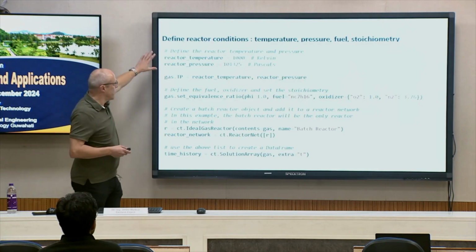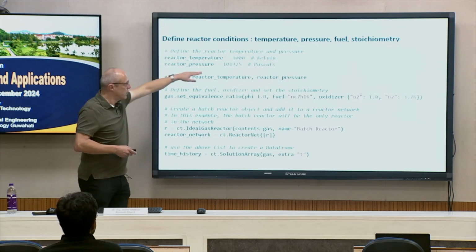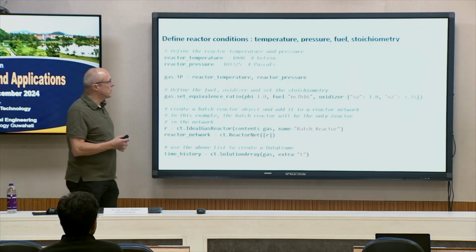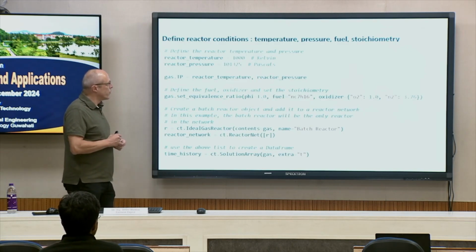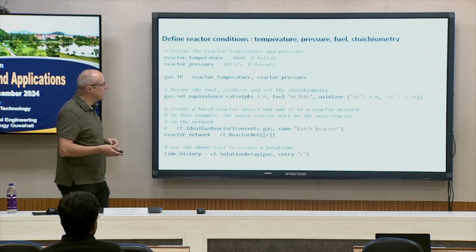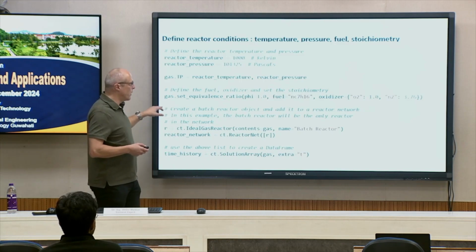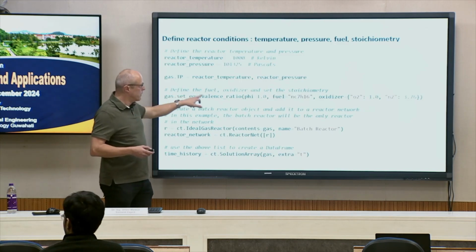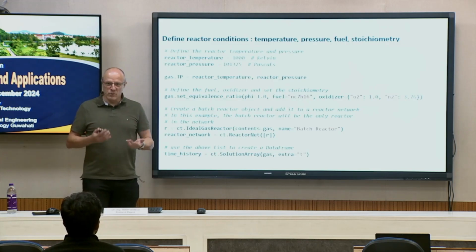So here we say reactor temperature is 1000 Kelvin, reactor pressure is 1.013 bar, 1030 millibar.